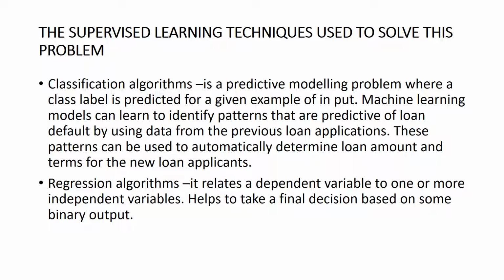So for the regression algorithm, it relates a dependent variable to one or more independent variables. This helps to take a final decision based on some binary output. They will relate and see, according to the repayment history, is it good for this person to be given a loan?